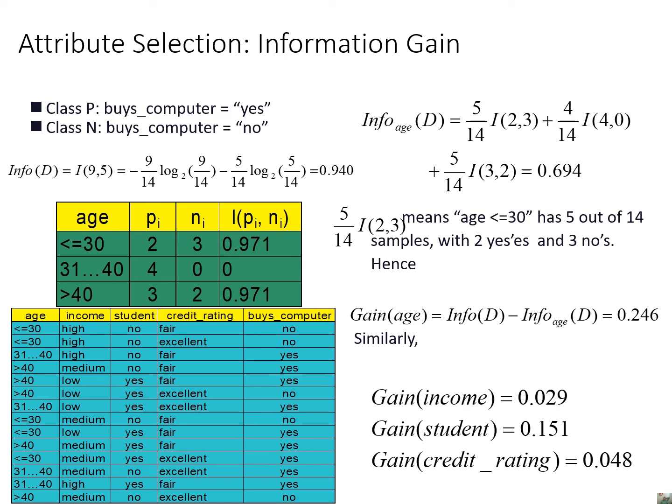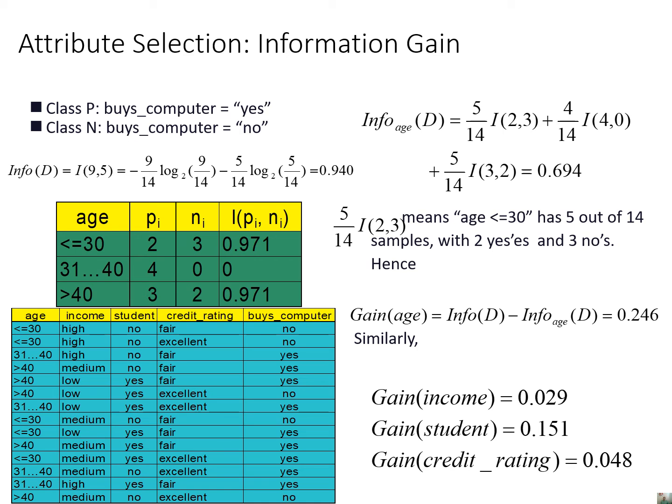Out of these, for age less than or equal to 30, two people will buy a computer and three will not. For age 31 to 40, 4 will buy a computer and no person will not buy.